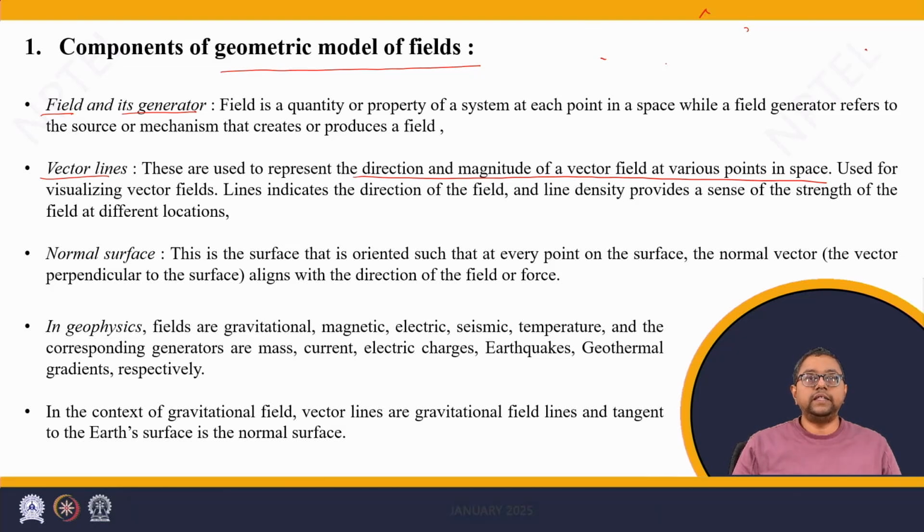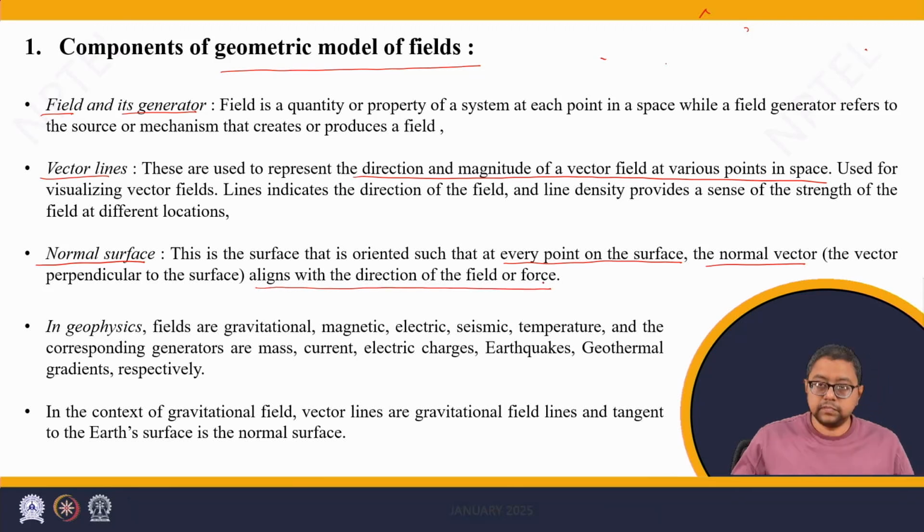Now let us look at the next concept, which is normal surface. A normal surface is the surface that is oriented such that at every point on the surface, the normal vector is aligned with the direction of the field or the force. So let us consider a pictorial example. Consider this surface.